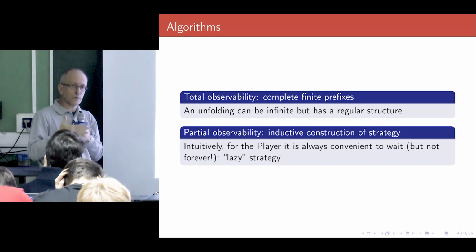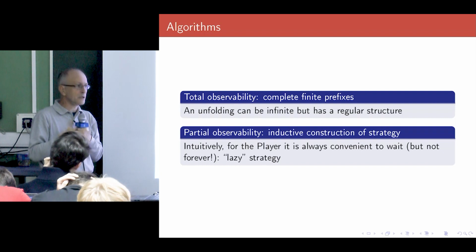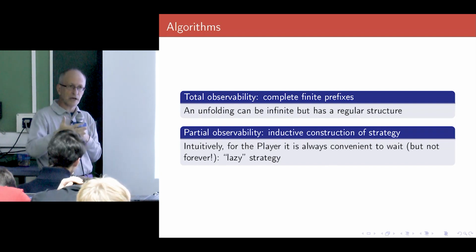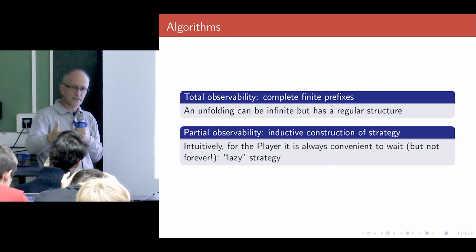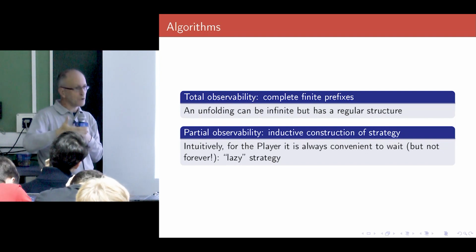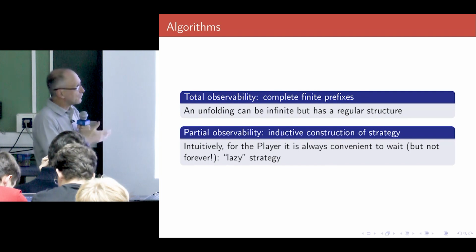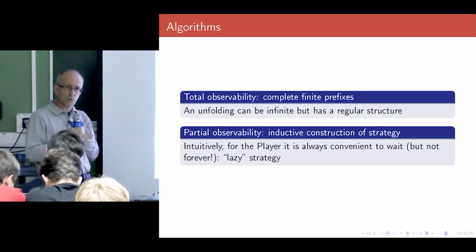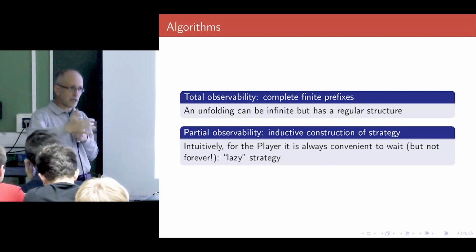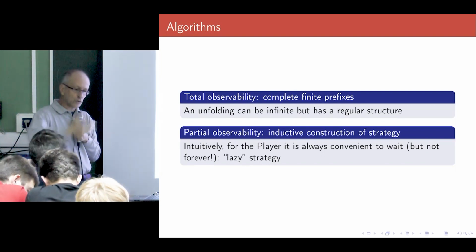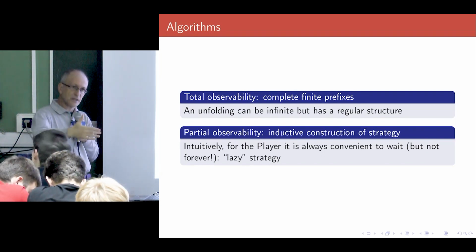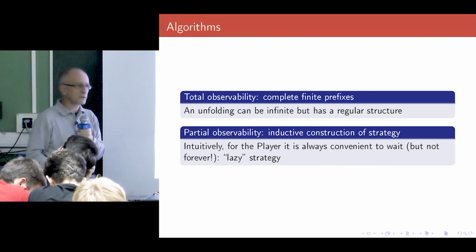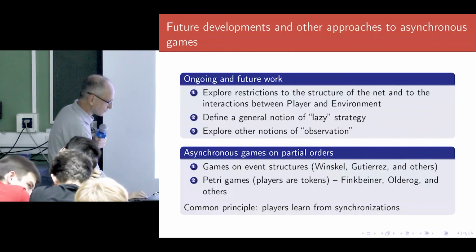Intuitively, for the player, it is always convenient to wait for the environment to take its decisions so that we have more information and choose the best way. But of course, the player should not wait forever. So we are trying to find out when we have seen enough and we can take our decision.